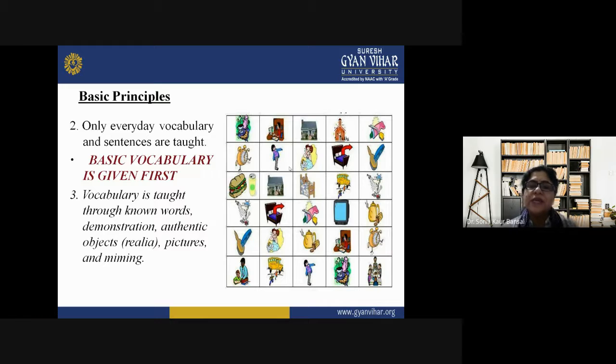These are some basic words which a student must remember and recognize. This is what we want you to be enabled to do as a teacher, that you are going to teach your students basic vocabulary first. All right, so this is all about it.